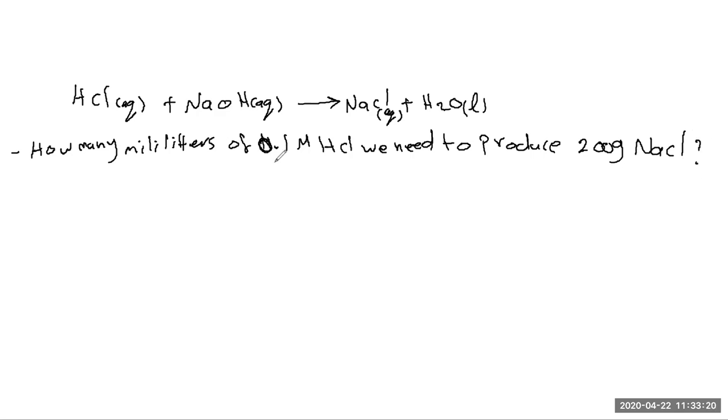How many milliliter of 0.1 molar HCl we need to use to produce 200 gram NaCl?